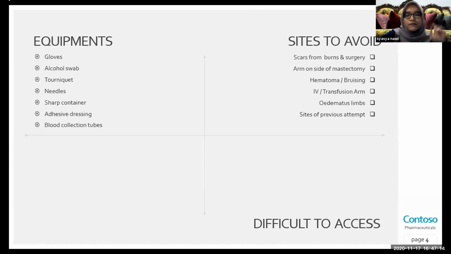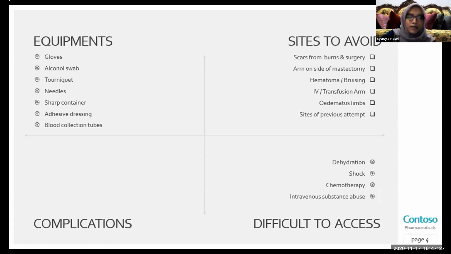There are a few conditions that make the veins difficult to access, like dehydration, shock, chemotherapy, and intravenous substance abuse. For complications, both procedures may result in hematoma or bleeding due to arterial puncture, thrombophlebitis, dysesthesia because of median nerve injury, and also infection and pain.